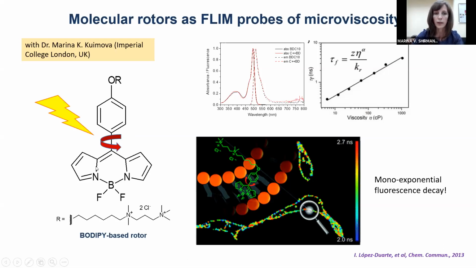When you incorporate this molecule into cellular compartments, like the cellular membrane or cell cytoplasm, you can measure viscosity and obtain a map of lifetime and viscosity, calculating the viscosity from fluorescence lifetime microscopy.